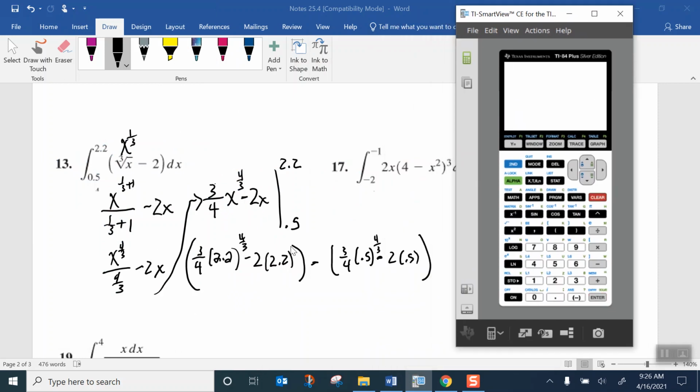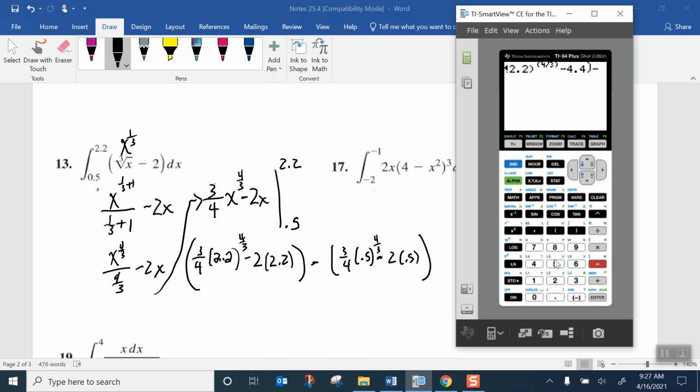So we have 3/4, which is, we put big parentheses, 0.75 times 2.2 parentheses to the power of 4/3. So put parentheses around your 4/3. Minus 2 times 2.2 is minus 4.4.